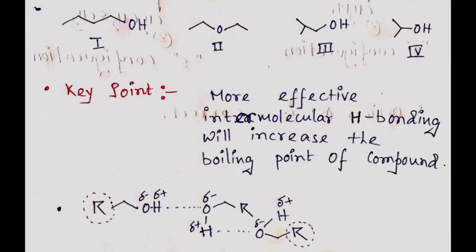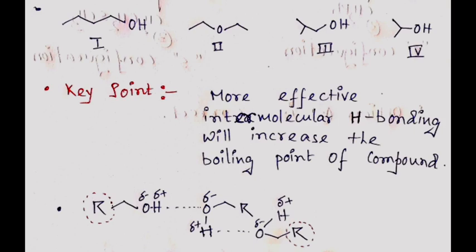So to determine the boiling point order, at first look into the key point of this question, that is, more effective intermolecular hydrogen bonding will increase the boiling point of a compound. That means one alcohol group directly interacts with another alcohol group through intermolecular hydrogen bonding.